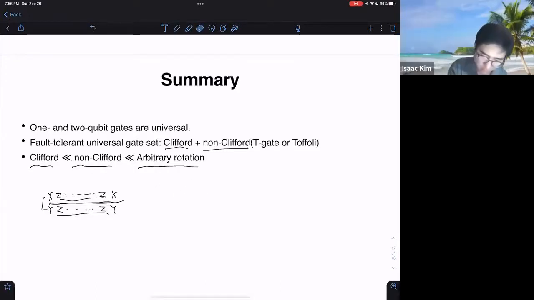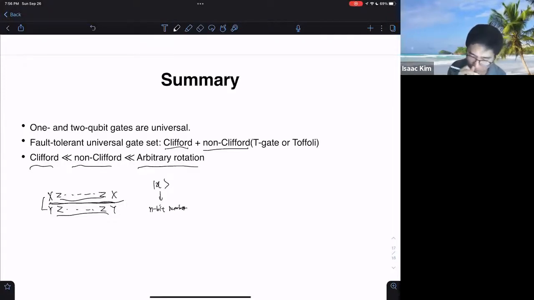Let's say x is an n-bit number, and it represents a fraction. So let's say x is 1, 1. You view it as 0.11 in the binary representation, so that would be 0.75 or something.